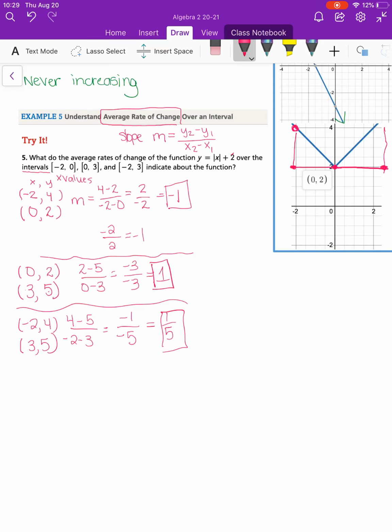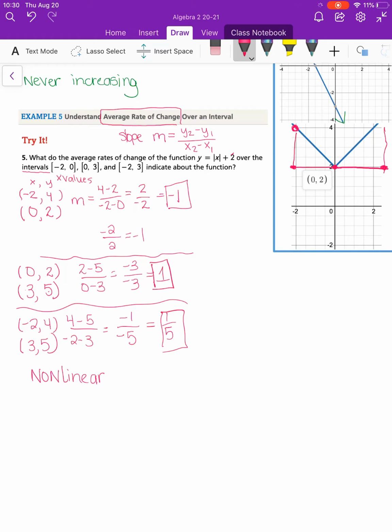But remember, you did slope when it was just a line. Notice this is two different lines connected. So all that it means when I get different slopes is that it is non-linear. It just means it's not a line. And hey, I knew that by looking at the graph. All the things. How cool.